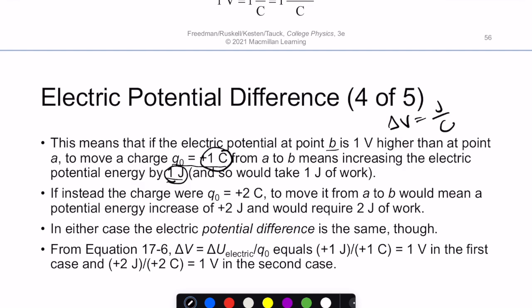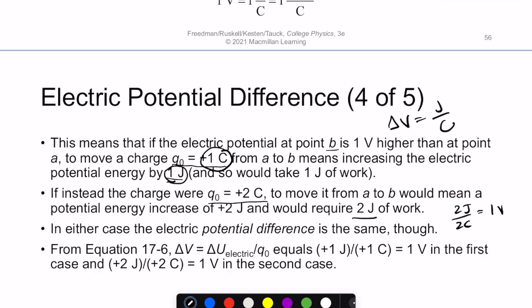And so the beauty of referring to potential difference versus energy is that we can talk about any arbitrary charge. So what if that charge instead was 2 coulombs? Well, the energy required to move it from A to B would mean you would need 2 joules of work, because 2 joules over 2 coulombs gives you 1 volt, right?